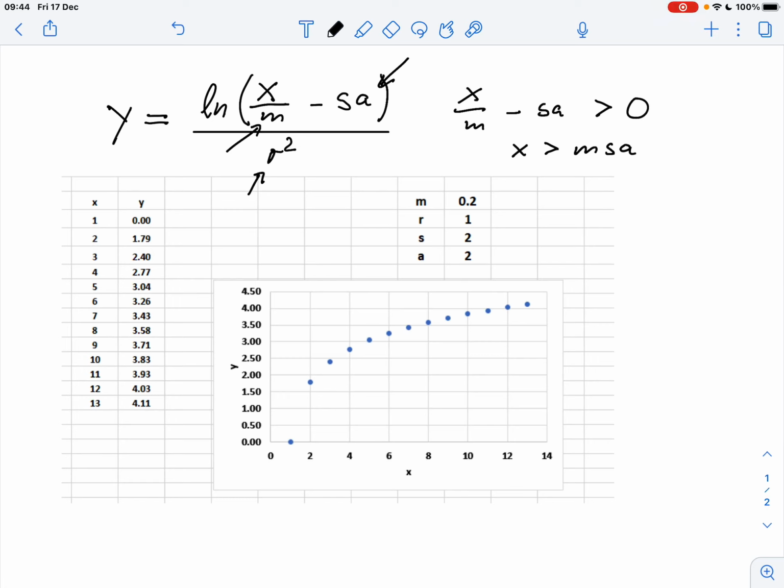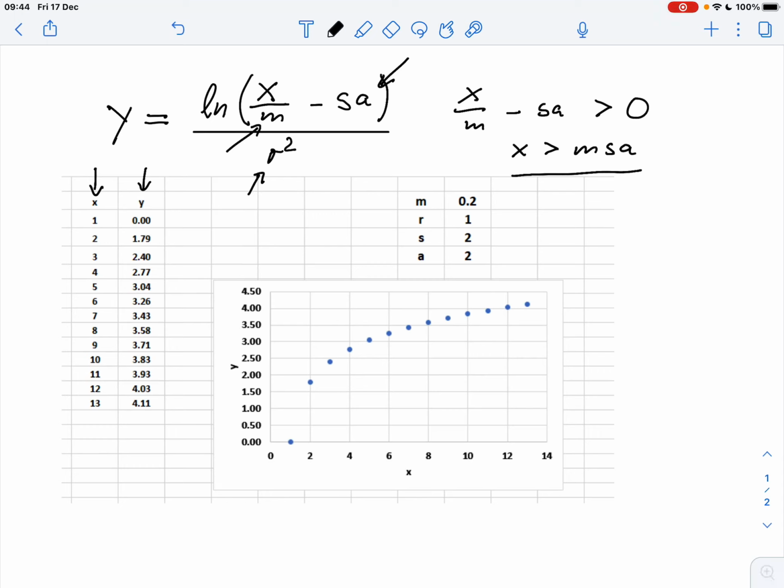We can do a little bit of exploratory plotting for this equation. So here I have the x values and I have corresponding y values, my dependent values here. And I have set the parameters so that this inequality is correct.